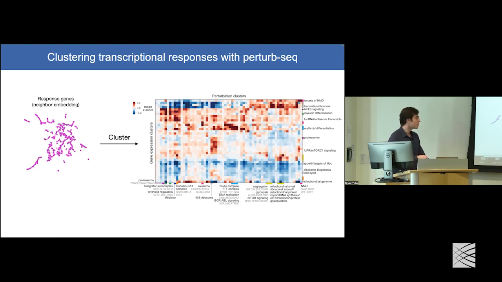These are actually all the different perturbation clusters, and so we can see which perturbation clusters activate or repress which transcriptional response clusters. But for more than half of the transcriptional response clusters, we couldn't find any unifying biological feature. It doesn't mean they're not real. It just means that they escape obvious human or gene set analysis.